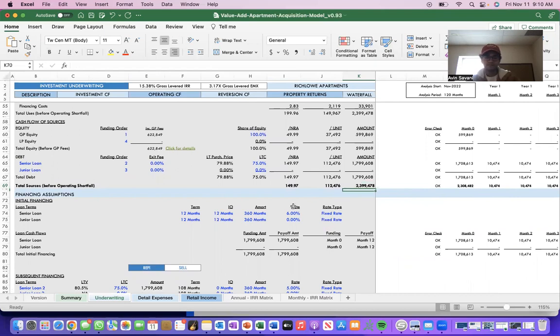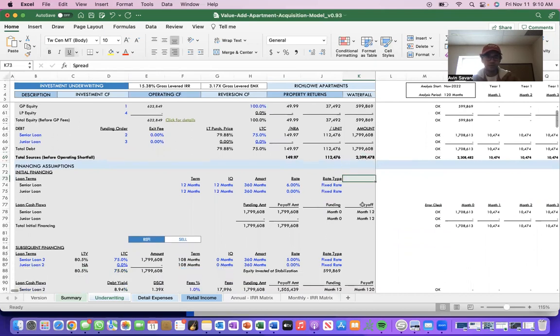And then you'll see here when the loan payoff is. So your loan payoff, if you're refinancing, is going to be once the construction period ends, right? So your lender is probably going to want to verify when the construction period is going to end and when you're going to refinance the loan, right? So that's going to happen when the construction period ends, basically.